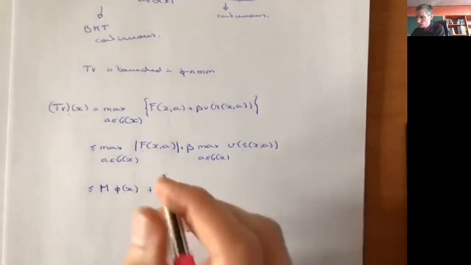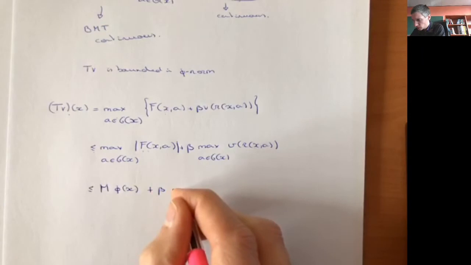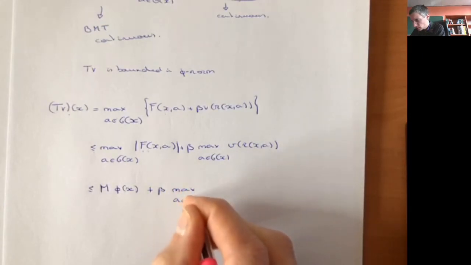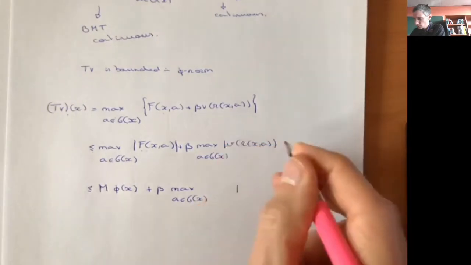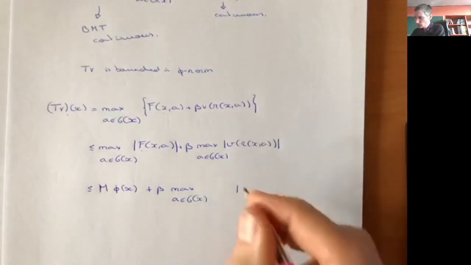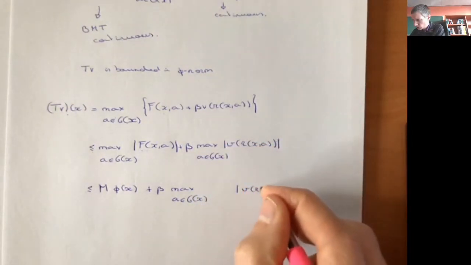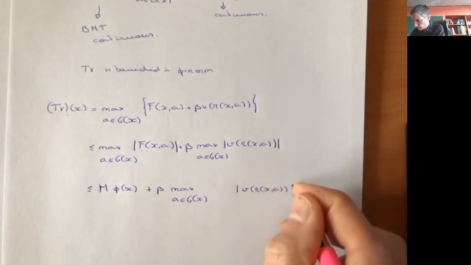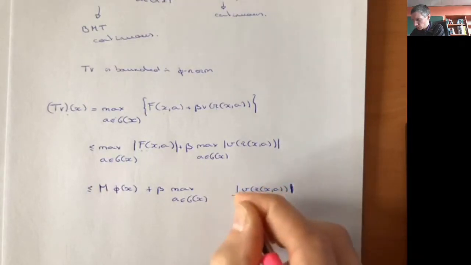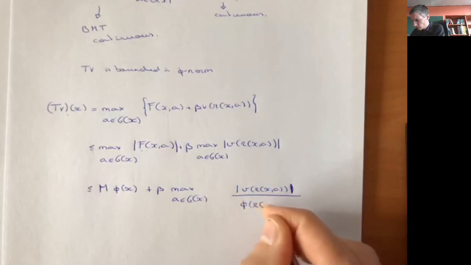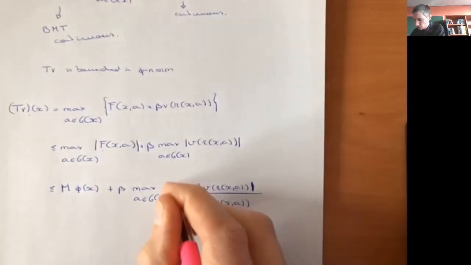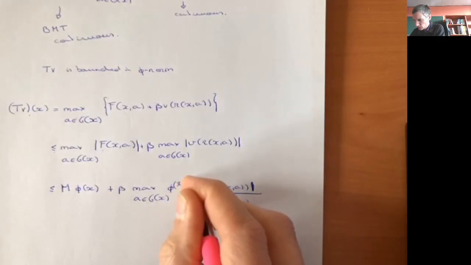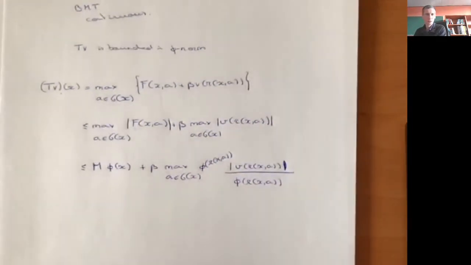And then for the second one, let me take the absolute value. This is not a problem. So |v(r(x,a))|, let me divide it by phi of r(x,a), and then I have to multiply it by phi of r(x,a).